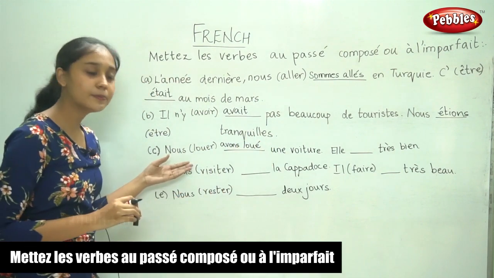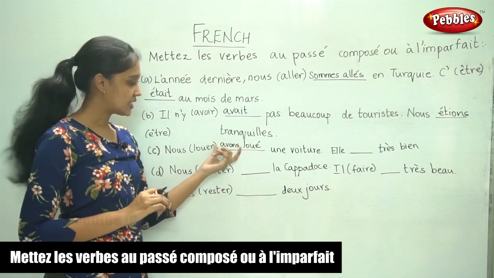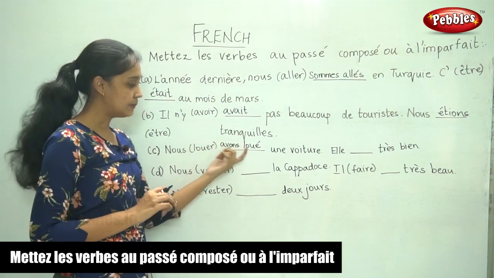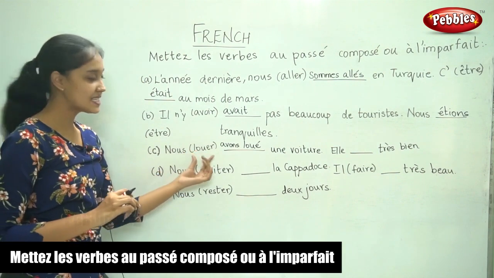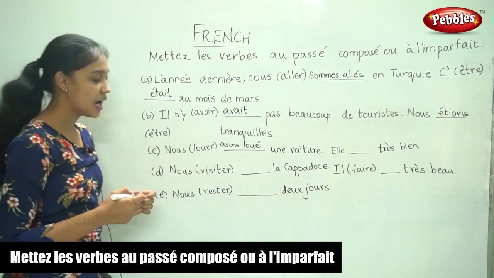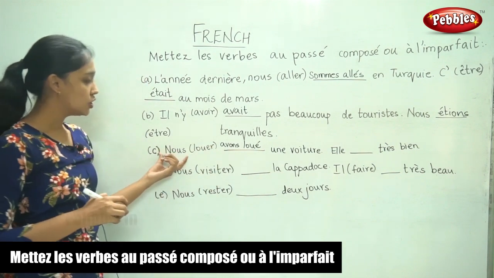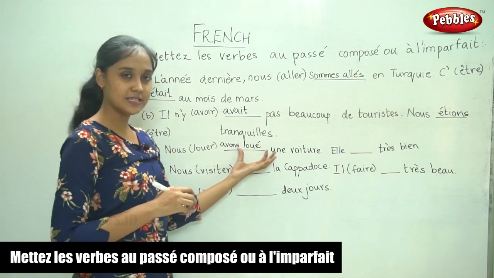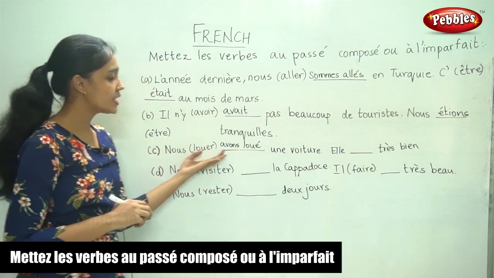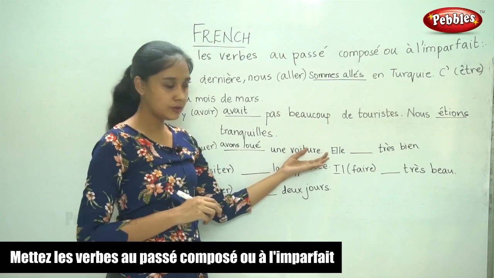So I hope you remember the passé composé. It is avoir or être plus the past participle of the verb. So in this case the verb louer takes avoir and the past participle is loué. Nous avons loué une voiture.